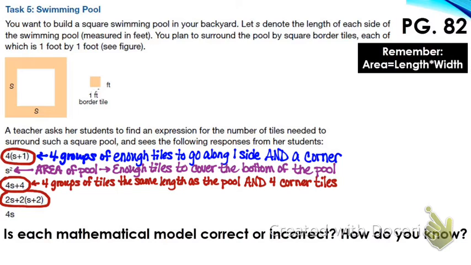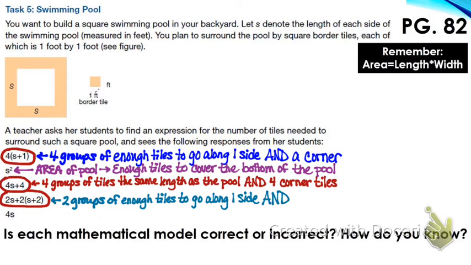So I have 2 groups with enough tiles to go along one side, and 2 groups of enough tiles to go along one side and 2 corners.